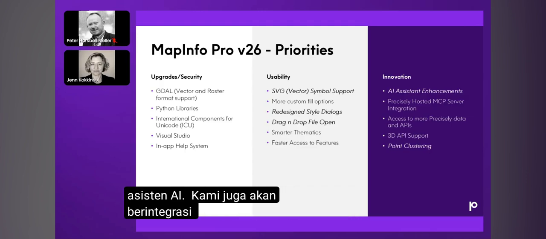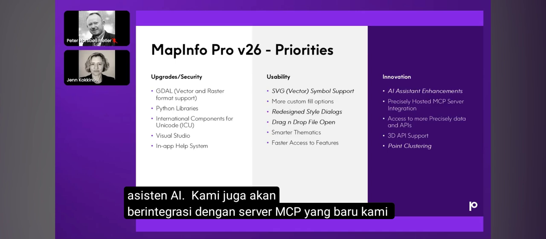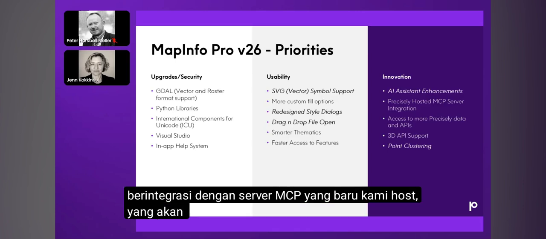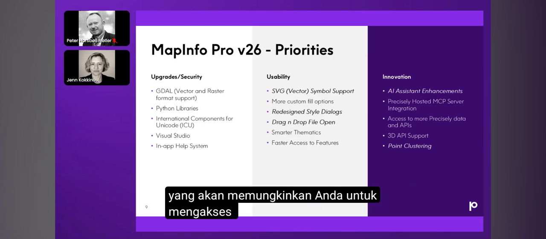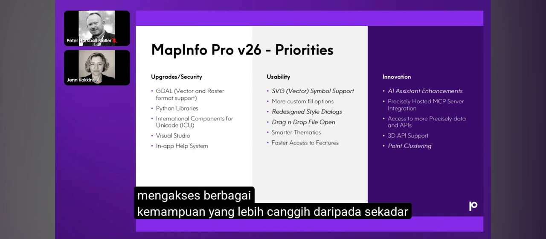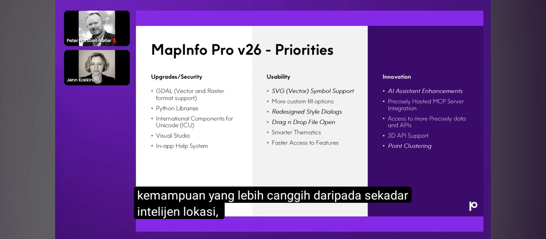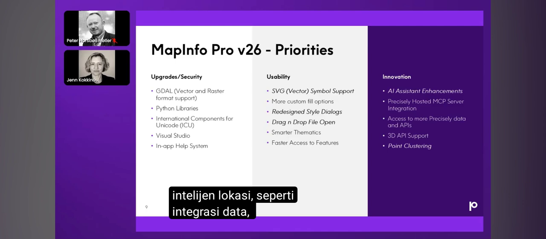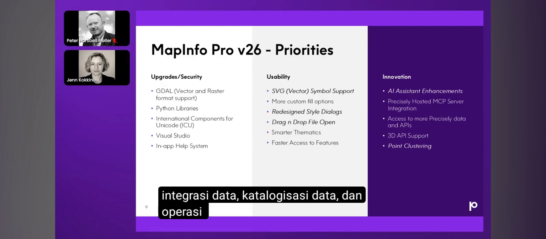We're also going to be integrating with our new hosted MCP server, which will allow you to have access to all kinds of Precisely capabilities beyond location intelligence into things like data integration and data cataloging and data quality operations. So stay tuned for that.